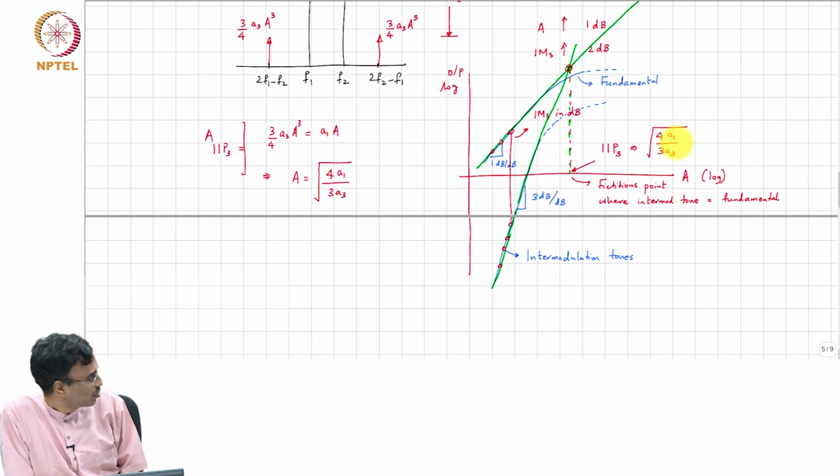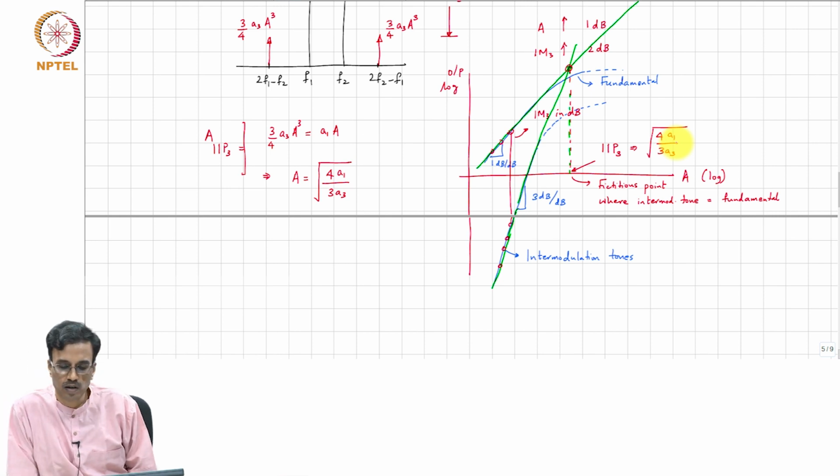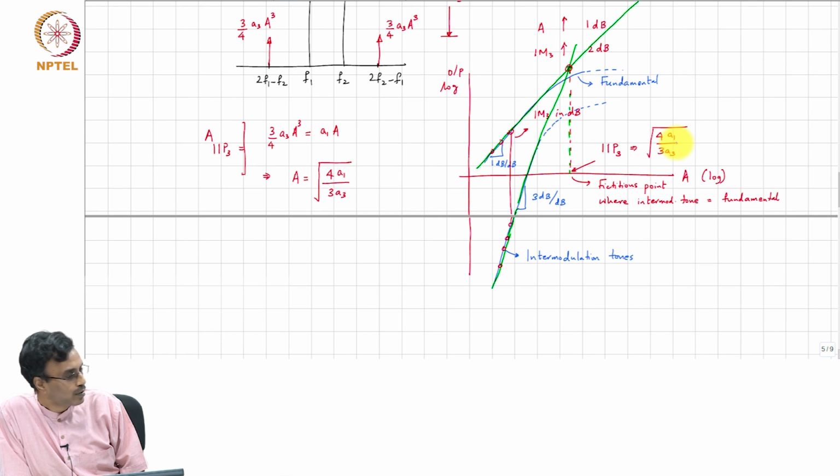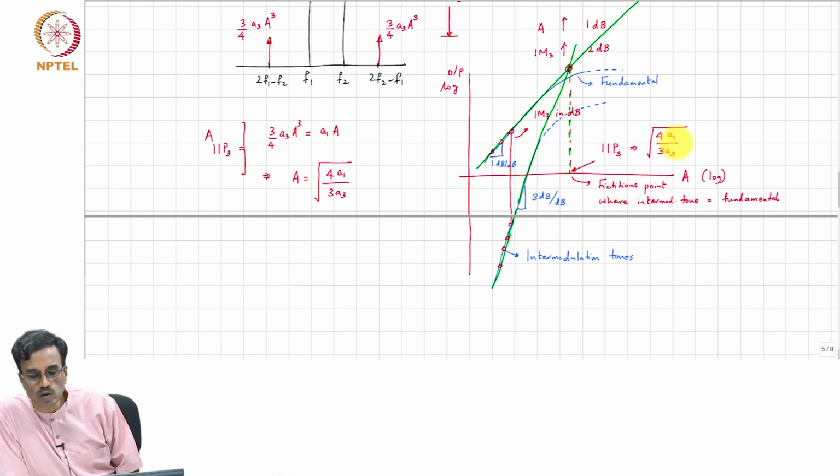See, one advantage of an intermod measurement: even if you want to measure harmonic distortion, it is a more accurate measurement to measure the intermodulation distortion and then infer the harmonic distortion from intermod, rather than the other way around.